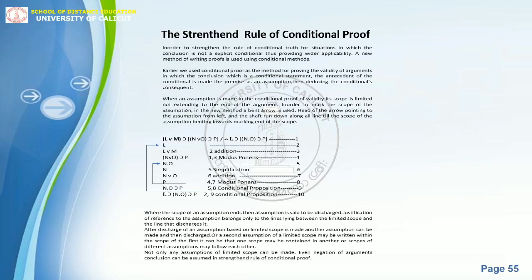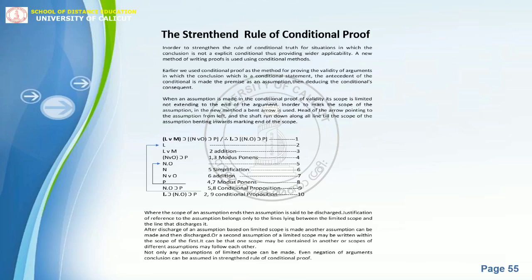Just like the previous arguments in which we have proved validity, the method is almost the same, but there is a change in that we are introducing a bent arrow, and also an assumption is being made. Here let us solve this argument. The first premise I have numbered as 1, the second premise L as 2.